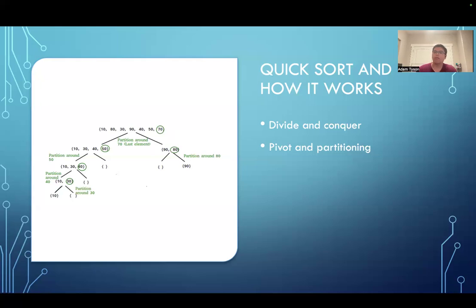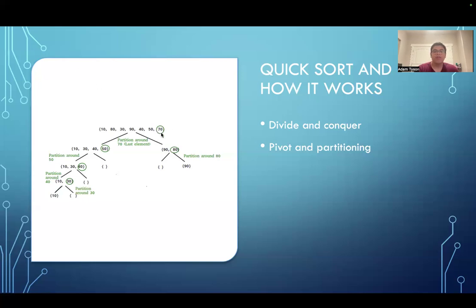Whereas if you pick it randomly, it could improve the average case, but it could also make the program have to go through the algorithm a lot more, making it a bit more tedious. If I'm wrong on that, by all means, I'll put the article down there so you guys can do your own research. But that is what I believe. And personally, I like last because that's how I was taught. So take that as you will.